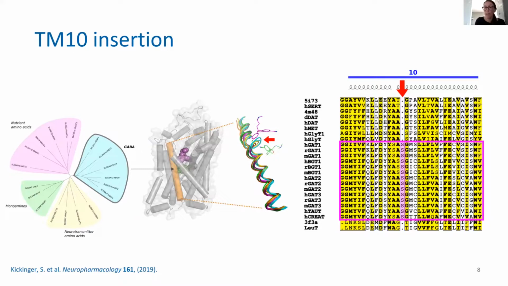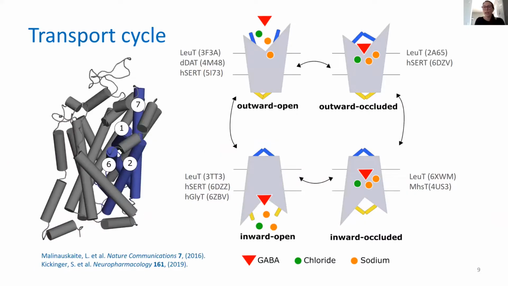But when we try to predict the 3D structures of our GABA transporters, we have to acknowledge that particularly in that area, which is unfortunately very significant because it's at the interface of these binding sites, our models are probably very inaccurate. Okay, and that leaves me with one of my last introductory slides, because we are talking transporters.